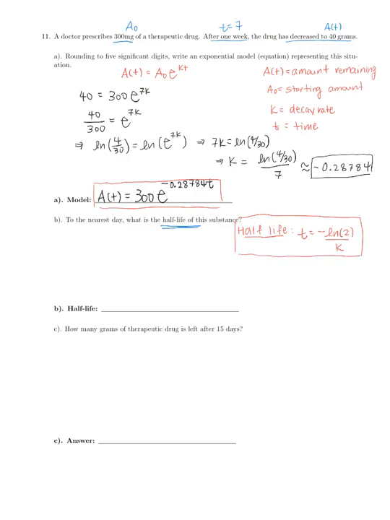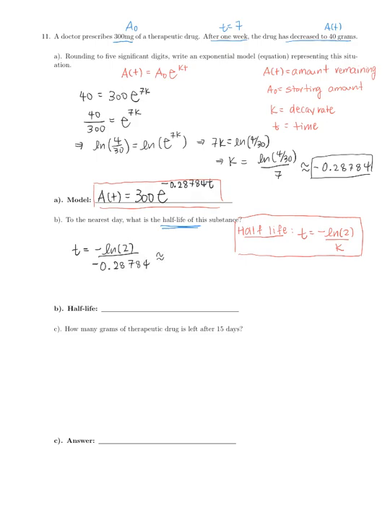Now, if I use that formula, then our half-life t is going to be negative ln of 2, whole thing over k, which was negative 0.28784.